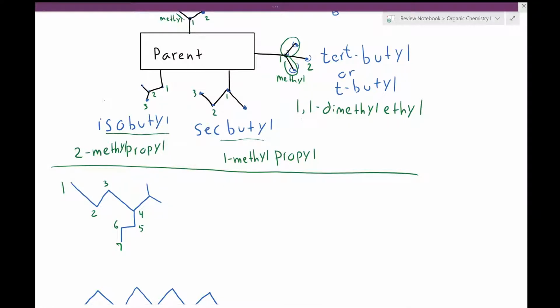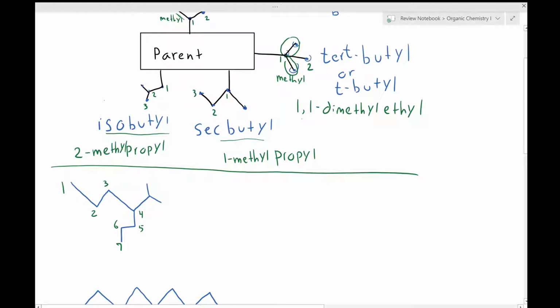And just to check, if we started at the top right, we'd have 1, 2, 3, 4, 5, 6, or 3, 4, 5, 6. Neither of these are long enough. They're not longer than 7. So we'll keep it the way we just did. So if we have a 7 carbon chain, our parent is heptane.